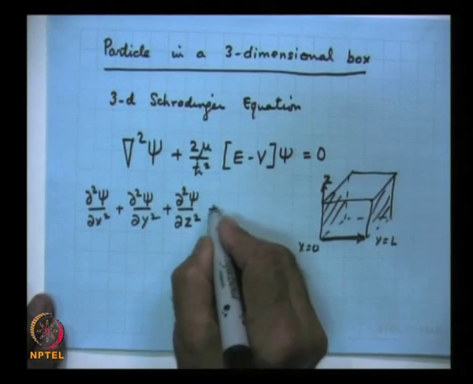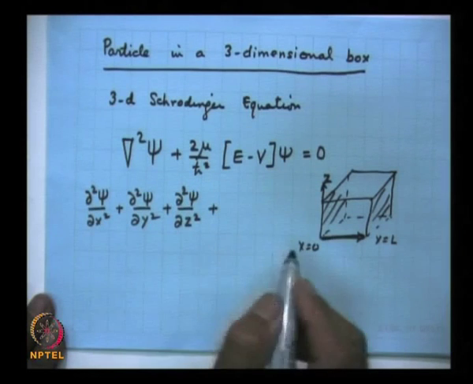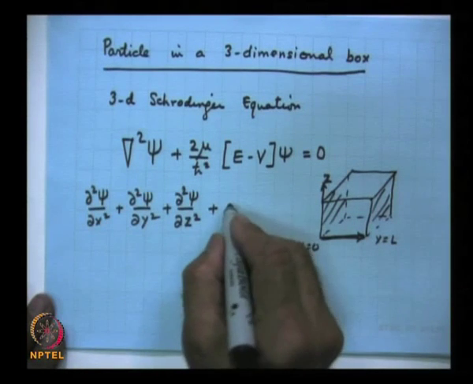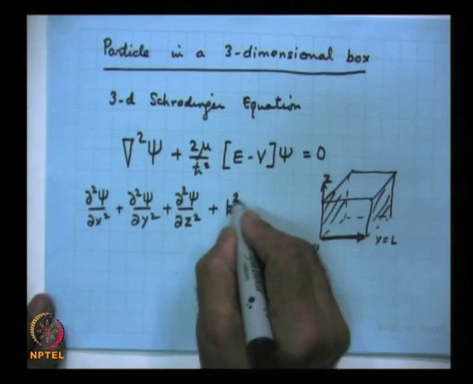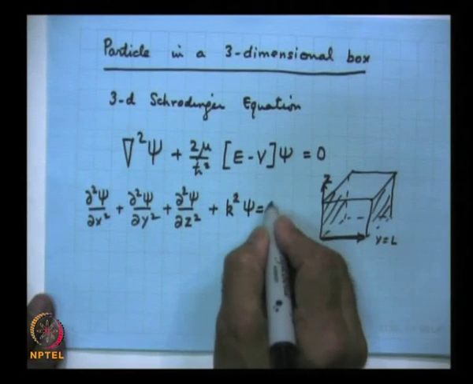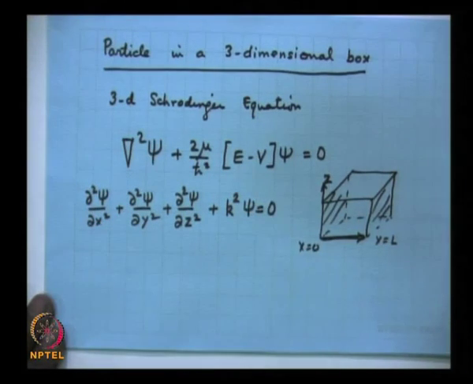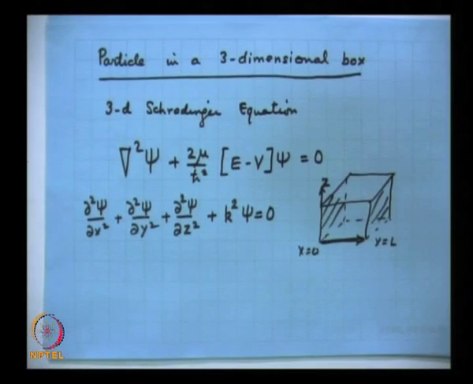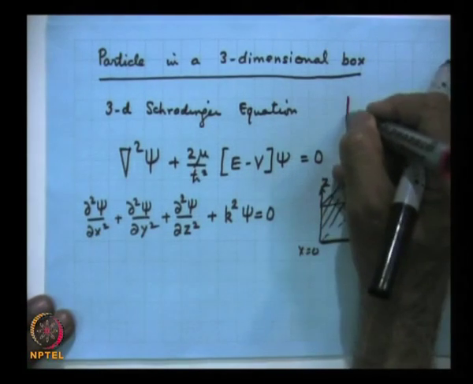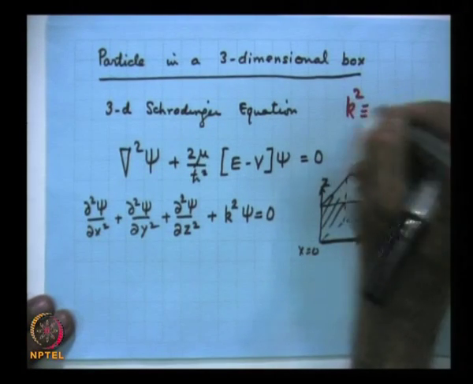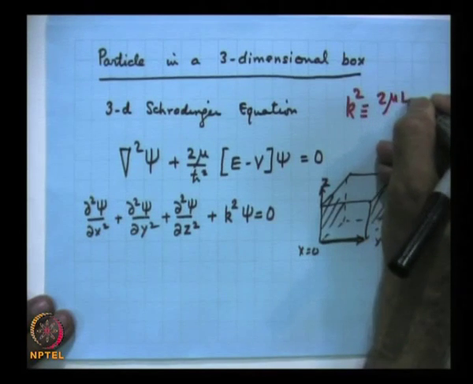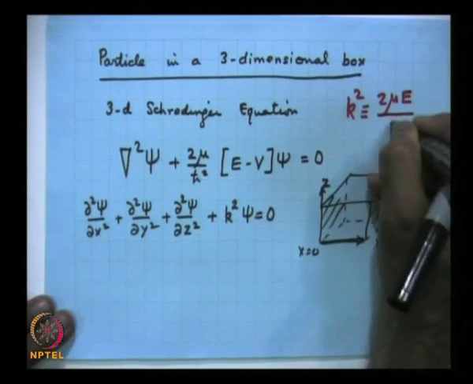So, you get 2 mu E by h cross square psi, that I represent by k square psi is equal to 0, where k square, let me write it down in red, is defined to be equal to once again 2 mu E by h cross square.